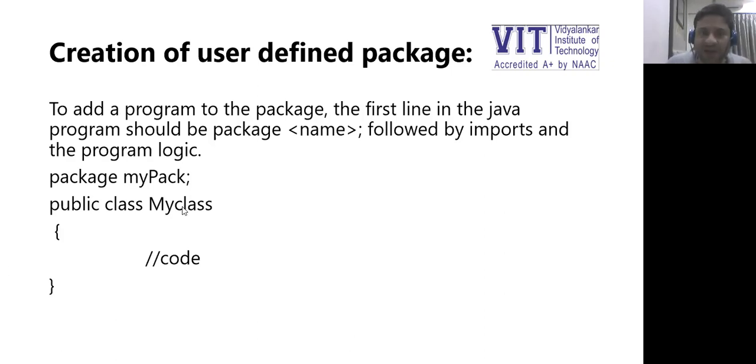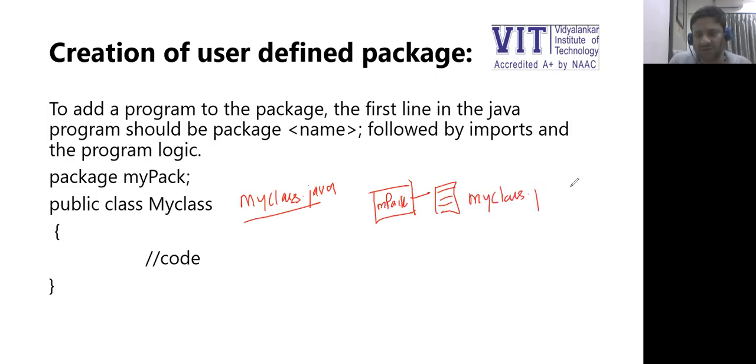So this file will be my class.java file. I will save this file in a folder known as my pack. Here we'll have a Java file, and this Java file is my class.java.